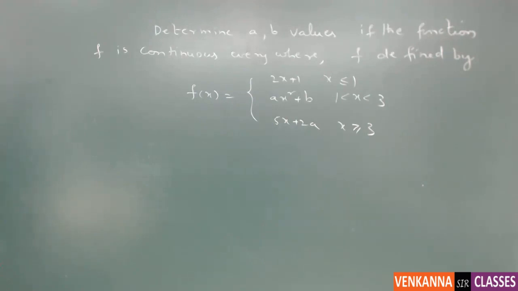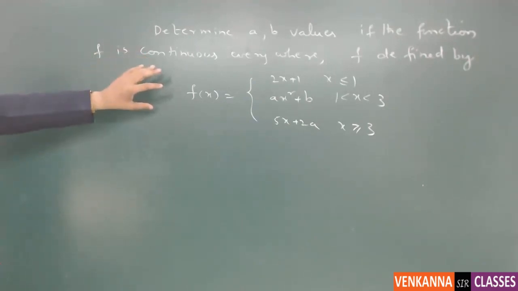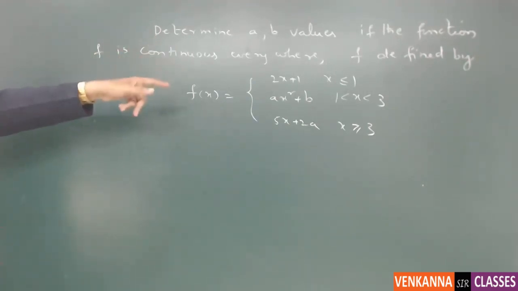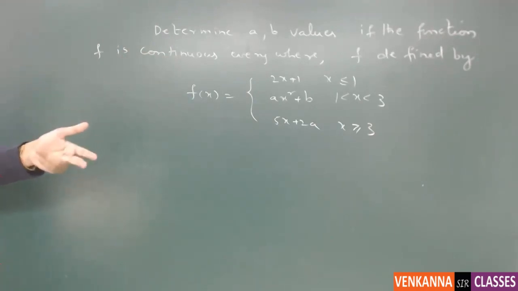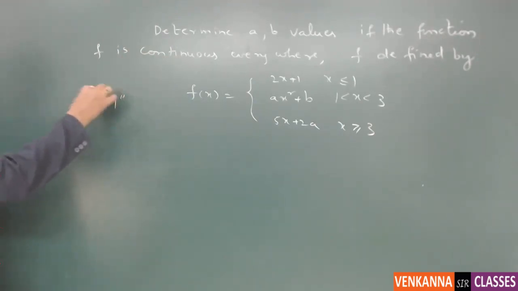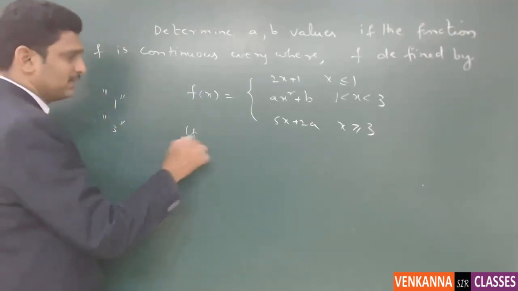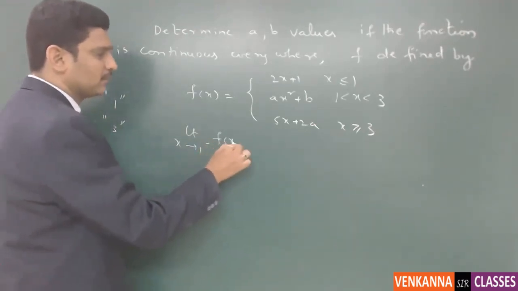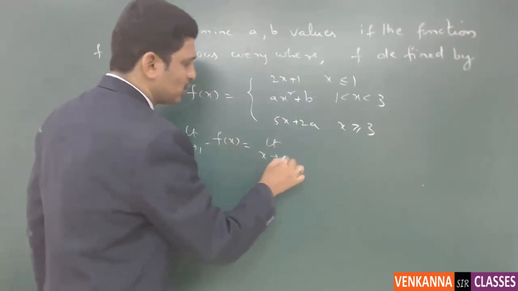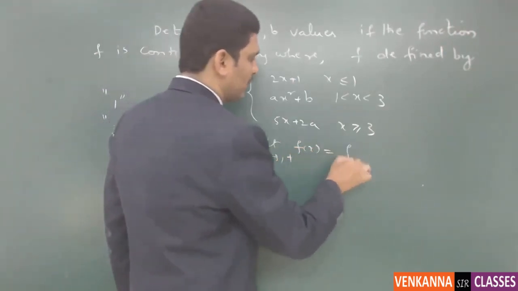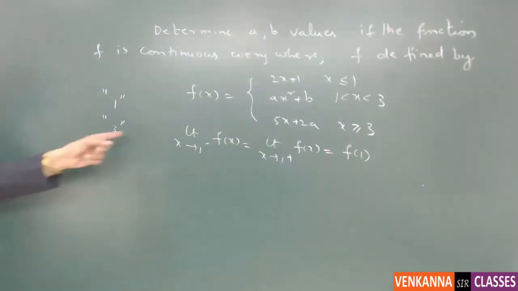Right. Since the function is continuous at every point, since the function values are bifurcated at 1 and 3, we can say that the function is continuous at 1 and the function is continuous at 3. Agreed? So, if you calculate the limits, the value will be equal since the function is continuous everywhere. So, you can say that limit x tends to 1 minus f of x equal to limit x tends to 1 plus f of x equal to f of 1, because the function is continuous at 1.